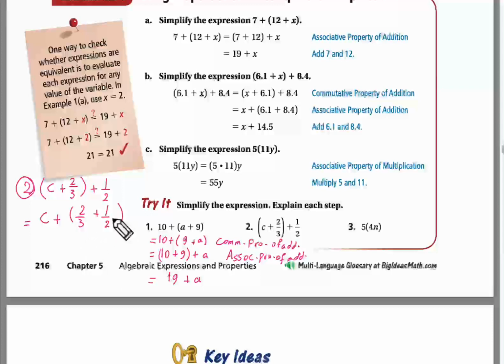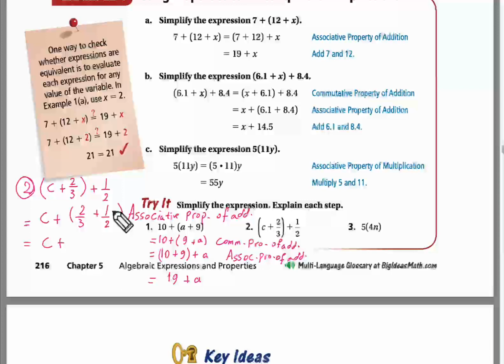Okay, what is the property here? Associative property of addition. Yes, of addition. Okay, now you just need to add 2/3 and 1/2. What is 2/3 plus 1/2?